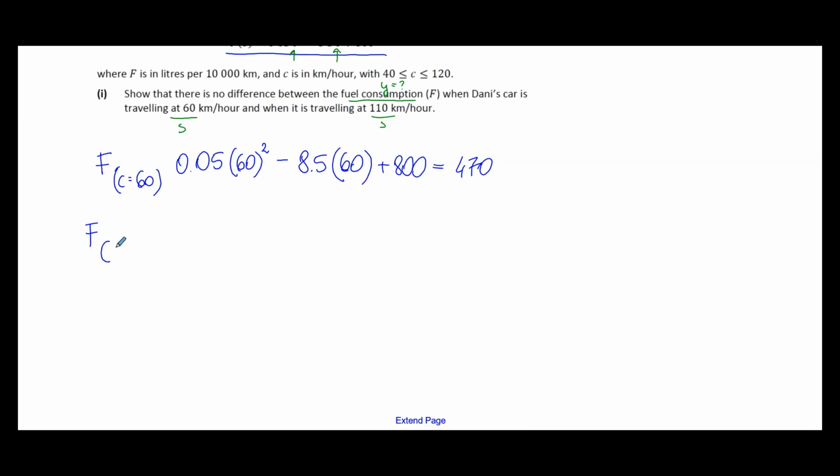And then we do the same calculation, but this time we replace C with 110. Again to the power of 2 minus 8.5 times 110 plus 800. In the calculator, we get 470. So that is very typical in your question. Very often, part 1, part 2 could be just about finding the x or finding the y when we have the other value. Okay, let's have a look at part 2.